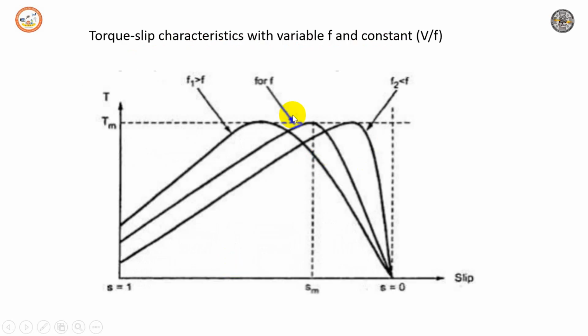So look at this. Normally, this is the torque speed characteristic at normal frequency. When you increase the frequency, so F1 is greater than F, you can see the torque is increased and maximum torque is achieved. If you decrease the frequency to less than the supply frequency, then the torque will be less compared to this normal frequency torque speed characteristic.